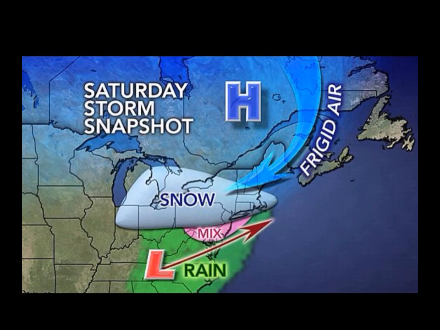In regards to snow totals, I don't like to get into that game this early, but generally speaking, 3 to 6 inches is a good bet. I'm thinking there's probably going to be more. There is an X factor here in regards to the cold air that's in place, that's being funneled in, and that's cold air aloft. There's snow ratios.